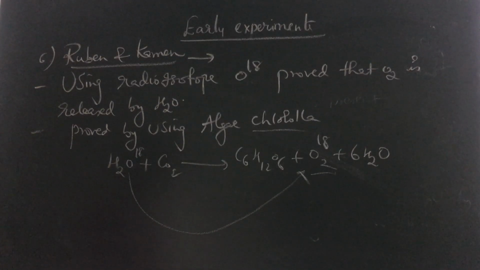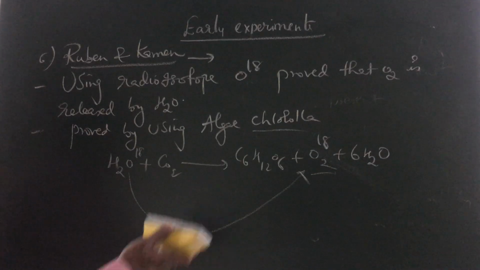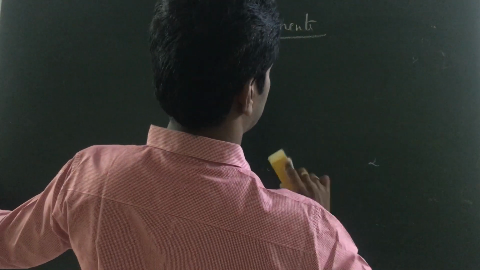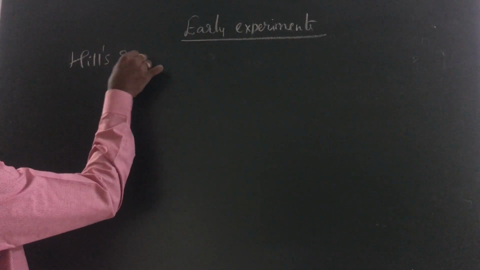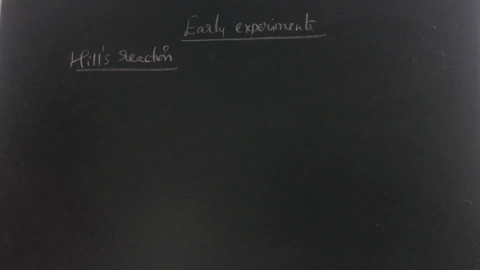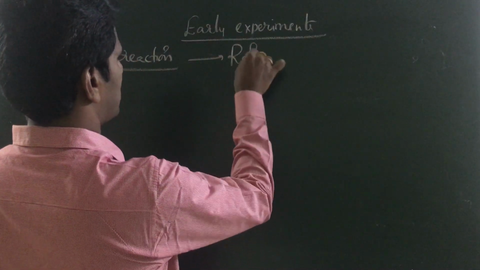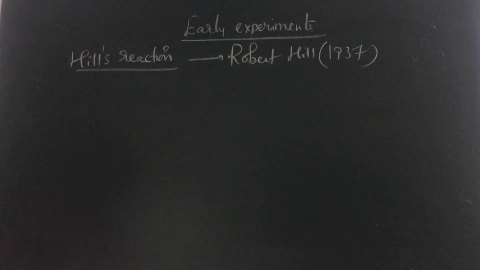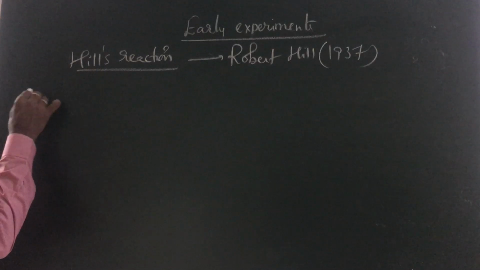Next, what is Hill's reaction? Robert Hill, in 1937, stated that the chloroplast evolves oxygen in the absence of carbon dioxide when illuminated in the presence of a suitable electron acceptor.